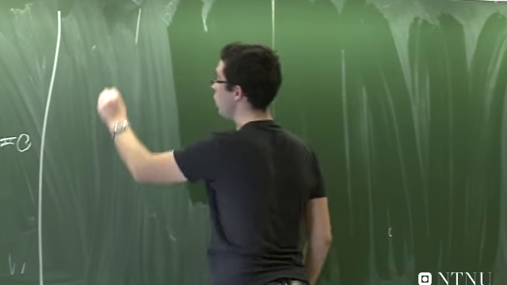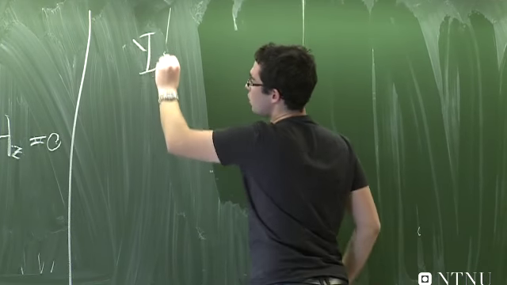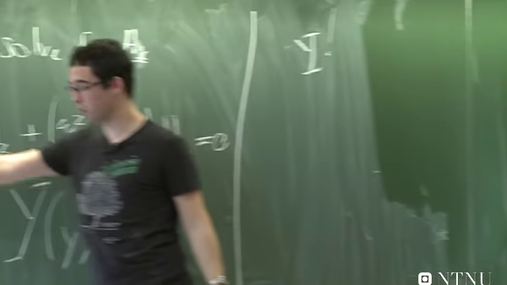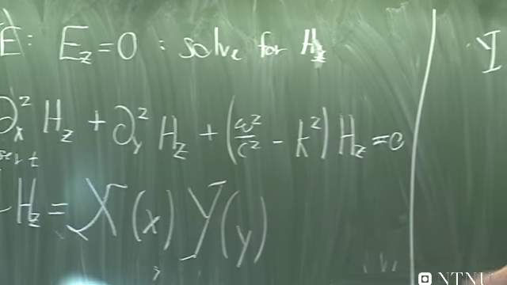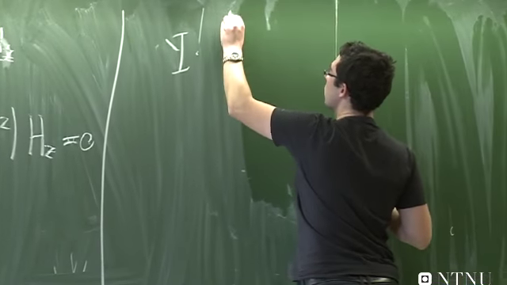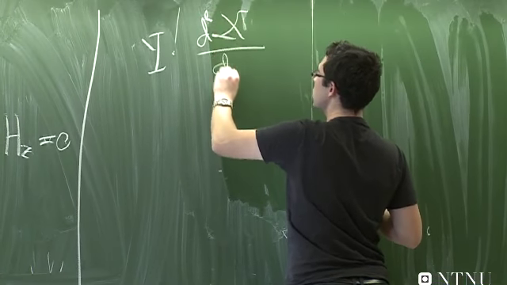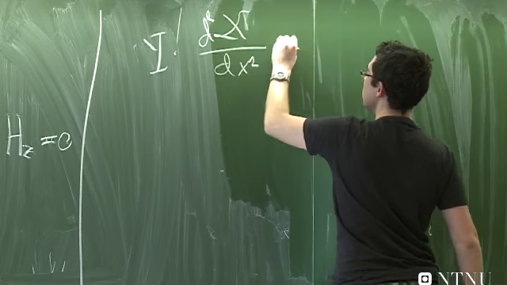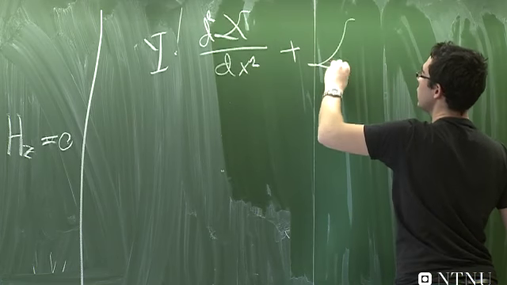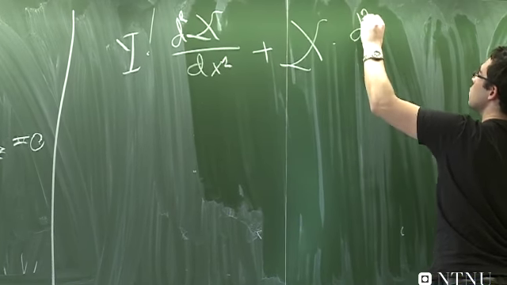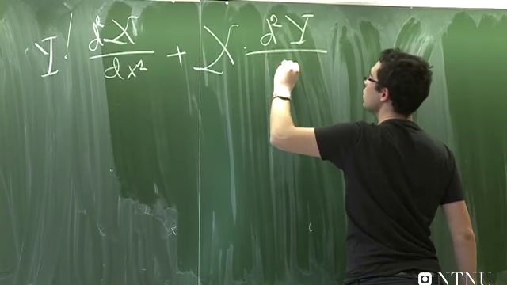We have Y times the double x derivative, which acts only on this. So it's d square X over dx square plus X times d square Y over dy square.